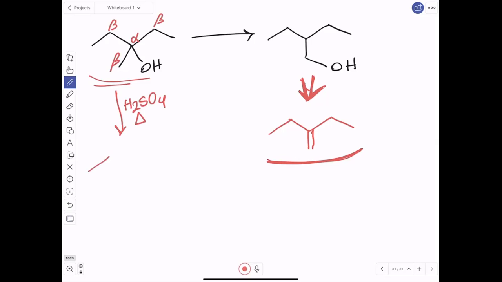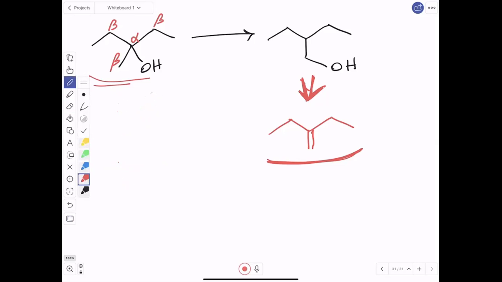Zaitsev. Because when you have a tertiary or secondary alcohol and you do H2SO4 and heat, the mechanism of the reaction is E1 and the major product is Zaitsev. So this doesn't really help; you can use this, but it will be too many steps.